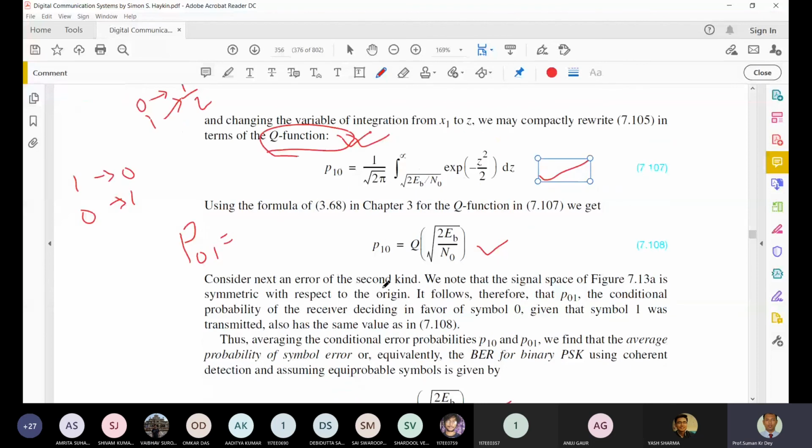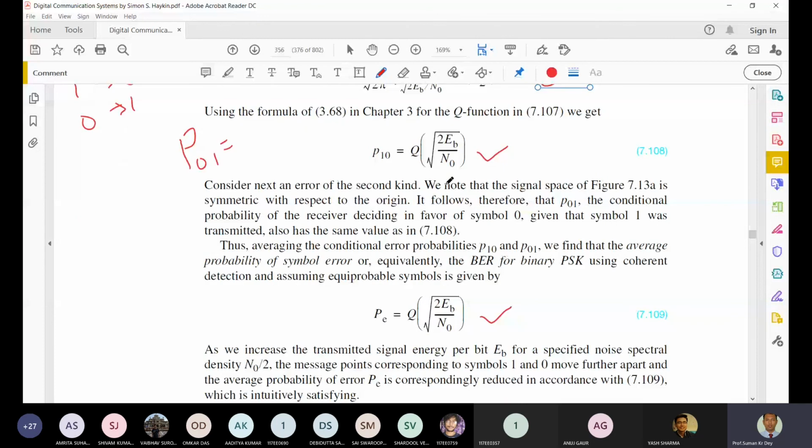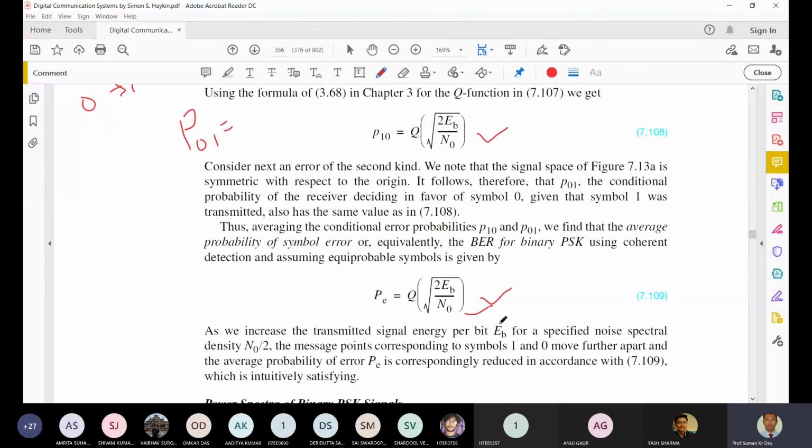This plus this by 2. So we get this value as the error probability of symbol error. Okay. Now is there any doubt?